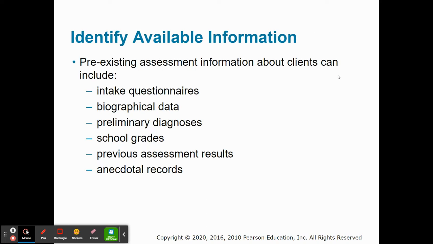So we do want to identify what's available to us. We probably want to have a conversation with the client, with the referral source, if there is one, with parents, if there are parents, the foster system, whoever. We can do that with an intake questionnaire so that we can identify where the person's been seen before, what their historical data is.